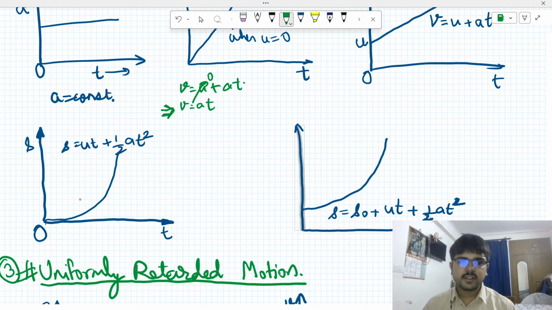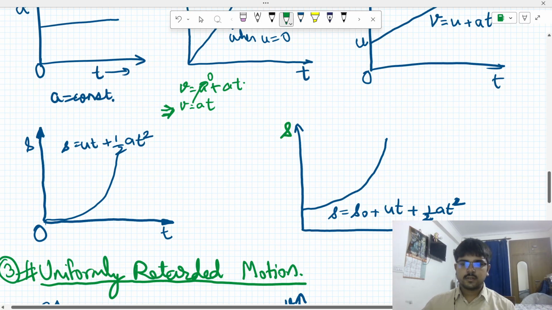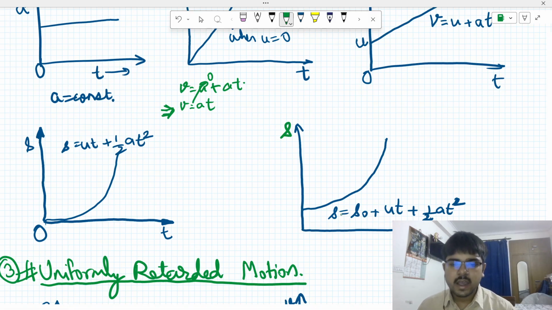That is how we get a parabolic line in the displacement-time graph. This is also a displacement-time graph, where s is equal to s naught plus ut plus half at square, where s naught is here. This is pretty simple.